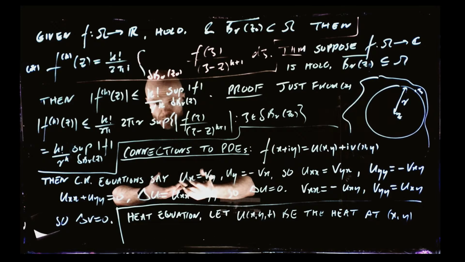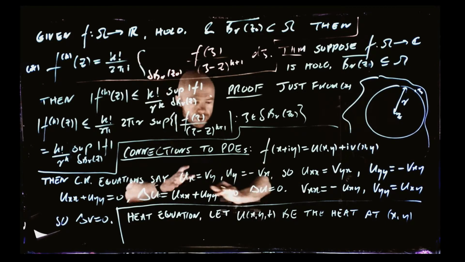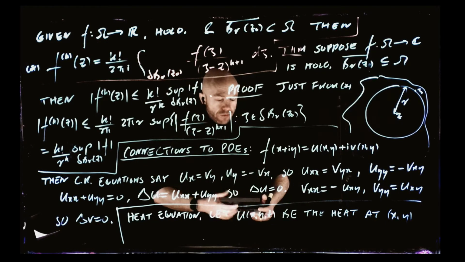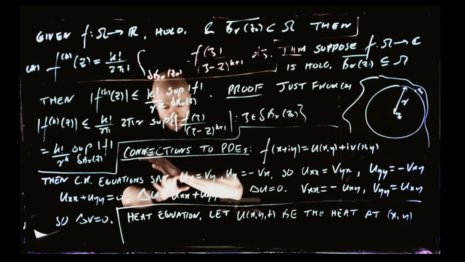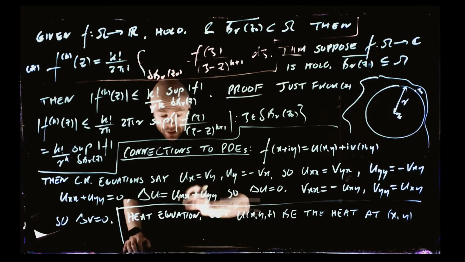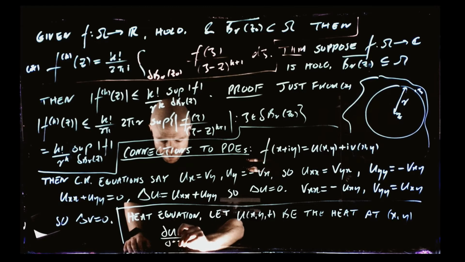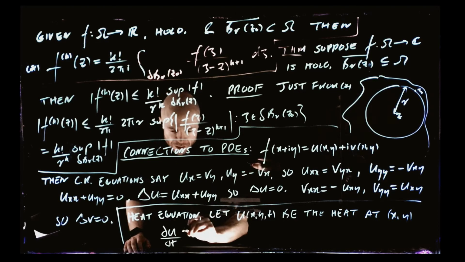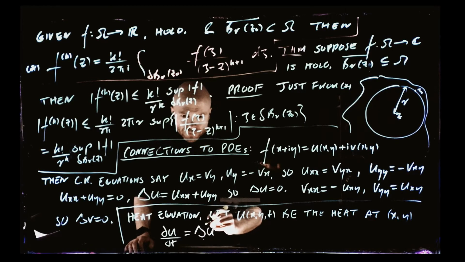So we have an equation to describe this, and it's one of the nicest equations we have in physics that is completely not a simplification. It's absolutely describing the reality, and it's the heat equation. And the heat equation is as follows. The partial derivative of u with respect to time is equal to the Laplacian. Okay? That's the heat equation.